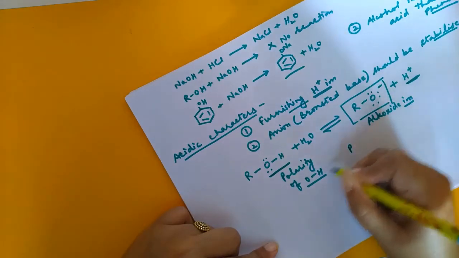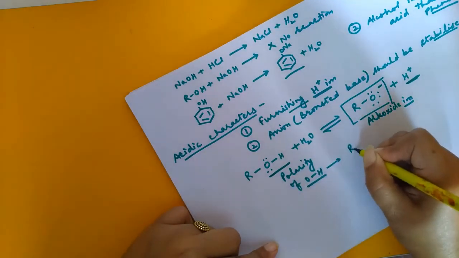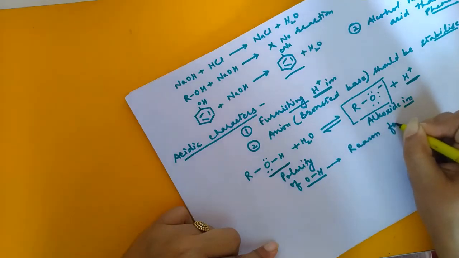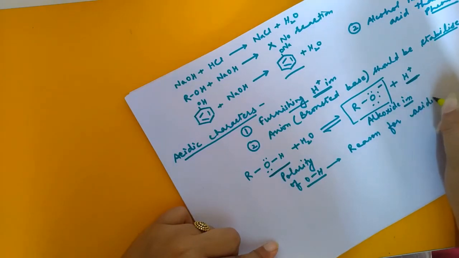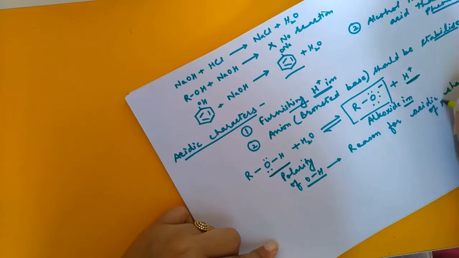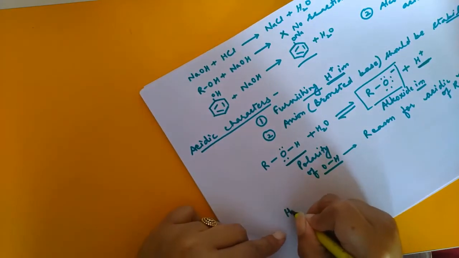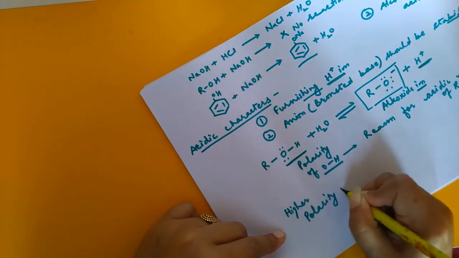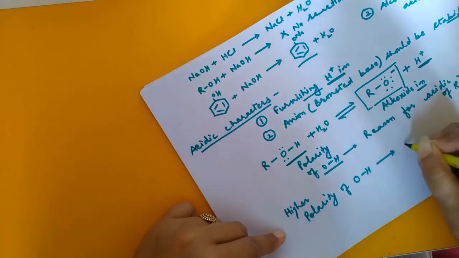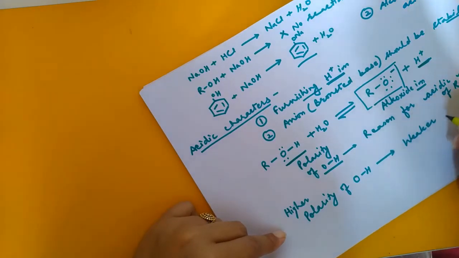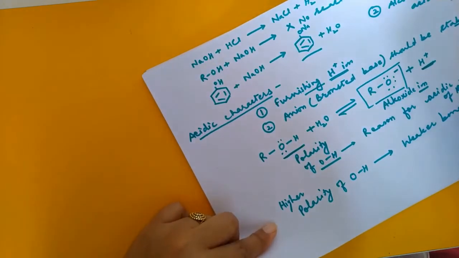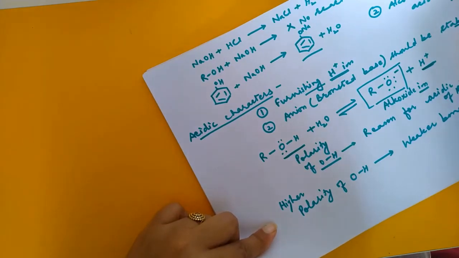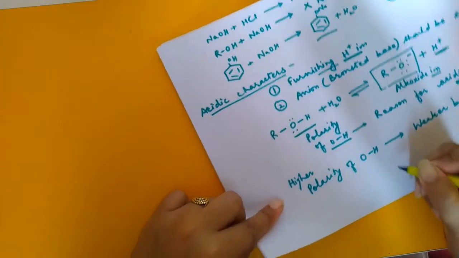Great polarity of the oxygen-hydrogen bond is the basic reason for the acidic character of alcohol. Higher polarity of the oxygen-hydrogen bond means a weaker bond. Weaker bond means stronger acid, because easily the hydrogen ion will be furnished. So that's how we can discuss it.